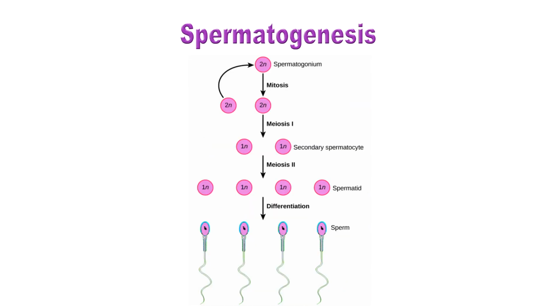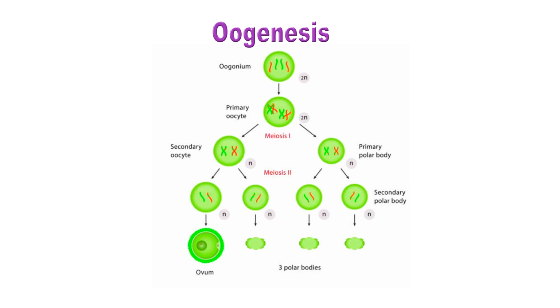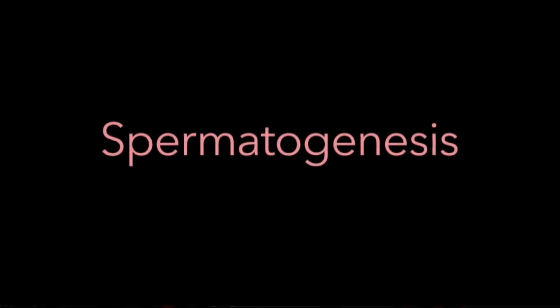The spermatocytes eventually lead to the formation of spermatids, which contain only half of the genetic material present in the original primary spermatocyte as a result of meiosis, whereas oocytes undergo mitosis and maturation to form ootid that further differentiates to form ovum.